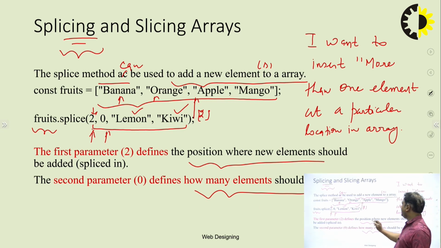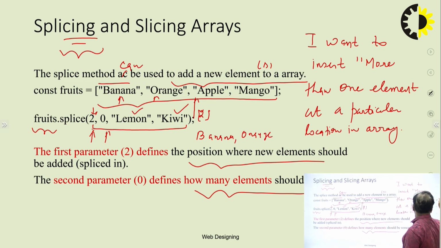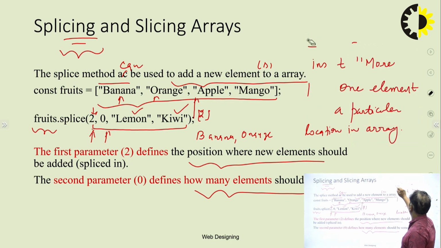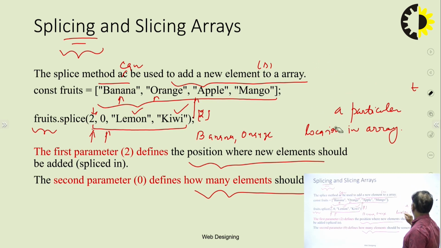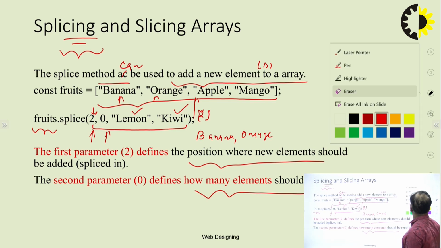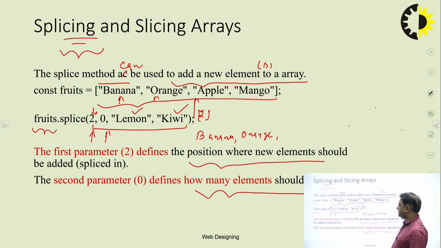So the output will be banana, orange. Now insert. Do you want to remove any element? No, at this moment I am not removing any element.